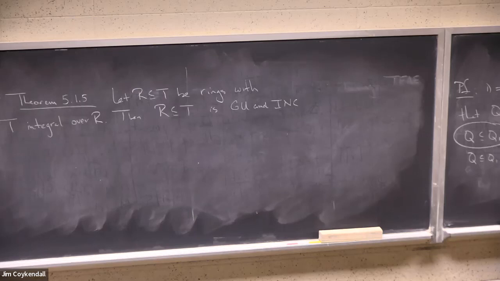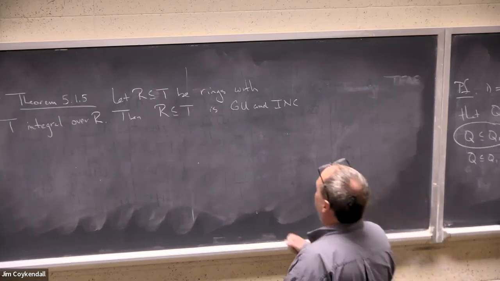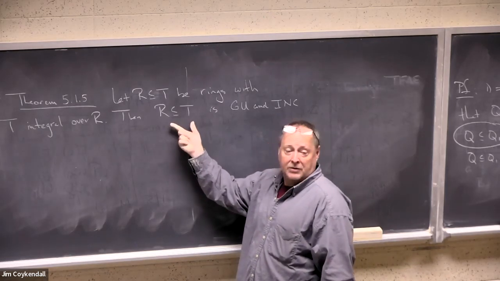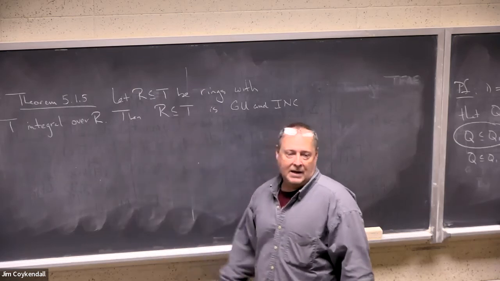This is a super, super cool result because what it means is, for integral extensions, right? And of course, a lot of the stuff that I'm interested in is number theory, right? These algebraic number rings are integral extensions. So in a certain sense, with respect to these kind of pairings of ideals, if you have, for example, R is the integers and T is a ring of algebraic integers, then this extension, because it's integral, is both going up and incomparable.